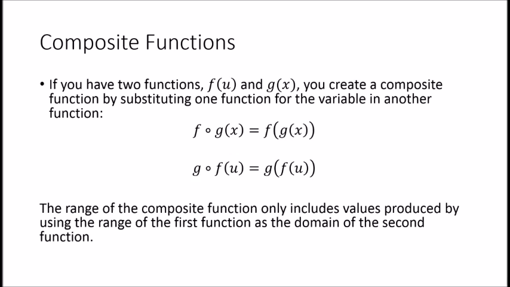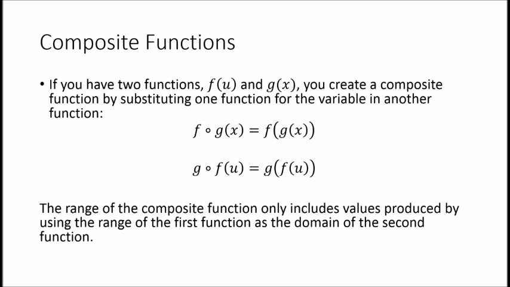You then take the element that's in the range of the first function as part of the domain of the second function, run it through that second function to see whether or not it's in the range of the entire composite function. This is something that really you learn to do by practice. It's a little hard to grasp right away.